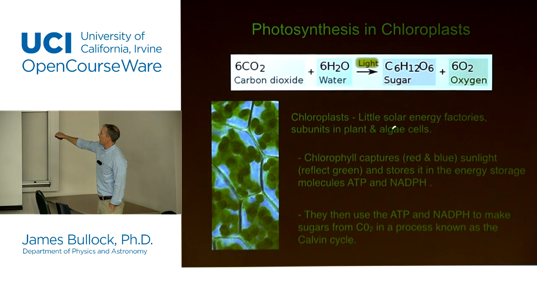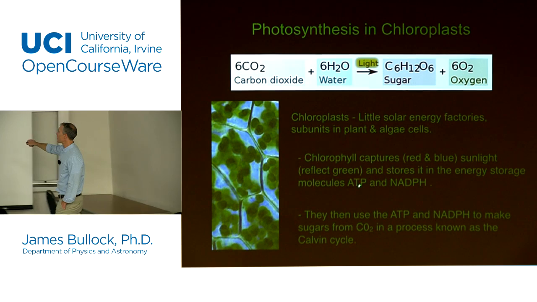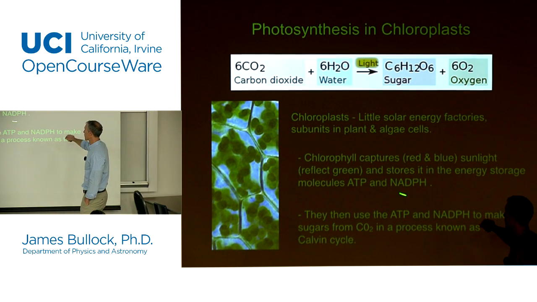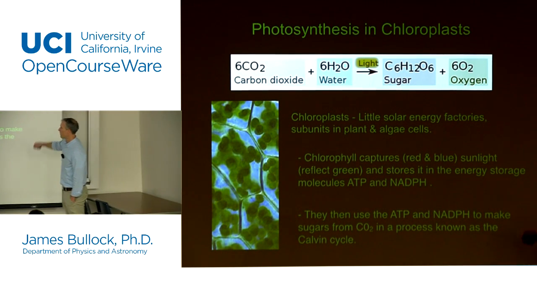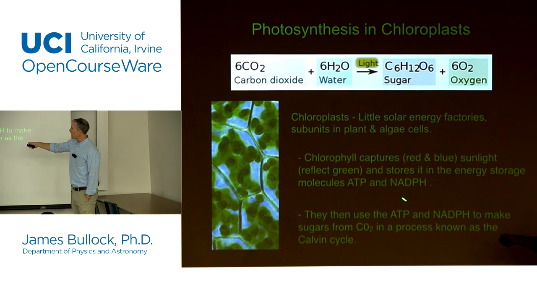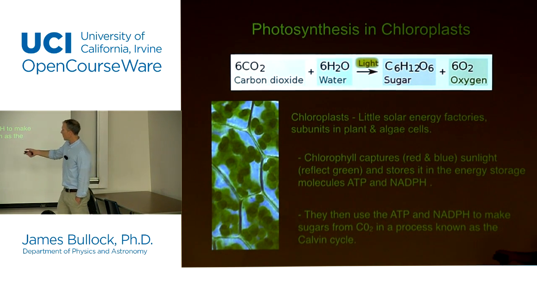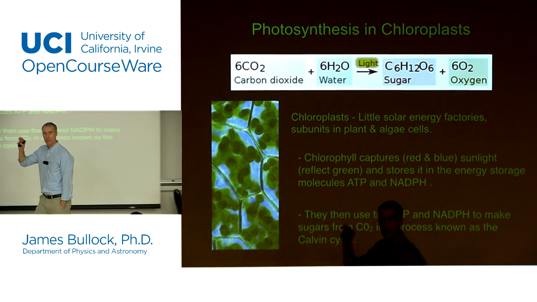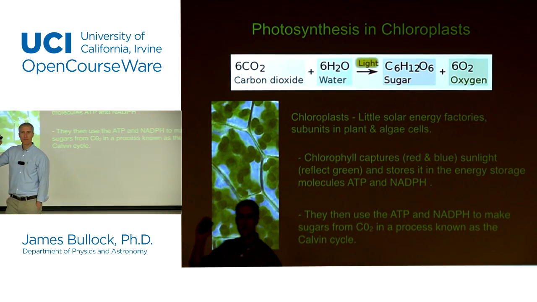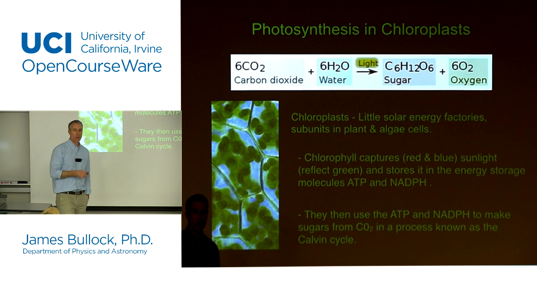They live in plants and algae cells. Now what you have is chlorophyll, we'll talk a bit about it, that captures red and blue sunlight and then stores that energy in ATP and then another kind of molecule that I'll talk about later. They then use the energy that's locked up in ATP to make sugars, and then expel oxygen, and this is in detail how the process works.